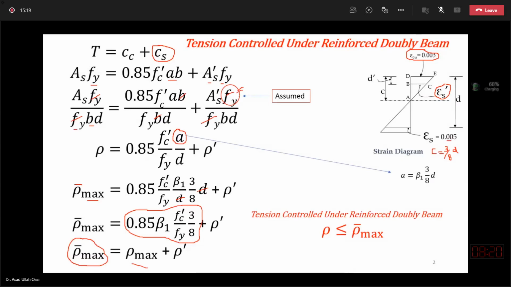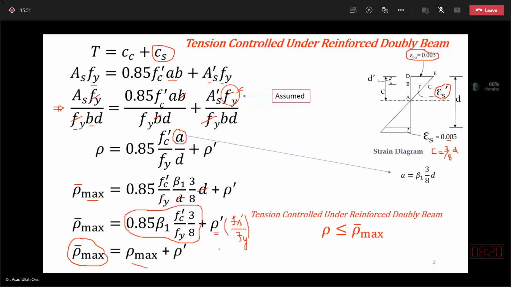But suppose it is not yielded, then with your rho prime you will always get Fs prime, because the compression steel is below yield stress. Then when you divide this Fs prime with Fy, which we have done in the third step over here, from that step onward you will always get Fs prime over Fy with rho prime in case it is case 2 doubly beam.